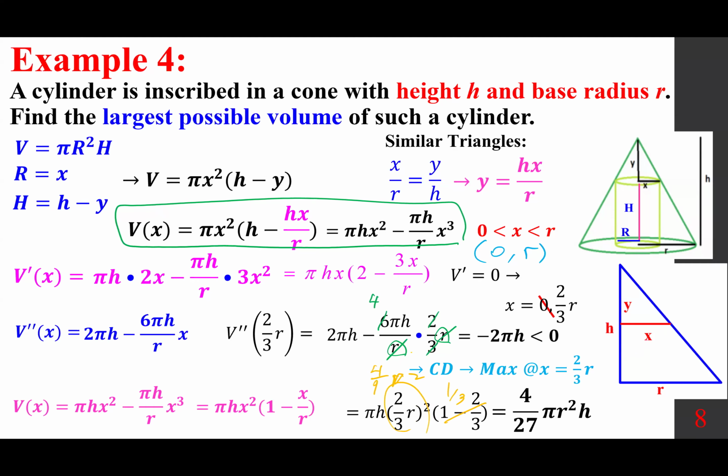We get 4/27 pi r squared h. And again, please understand that this one is 2/3 r divided by r. The r cancels.